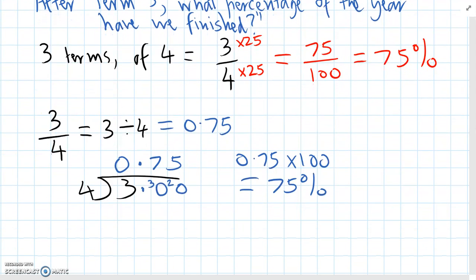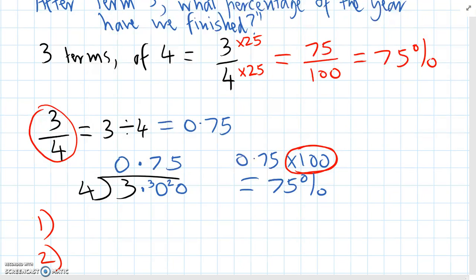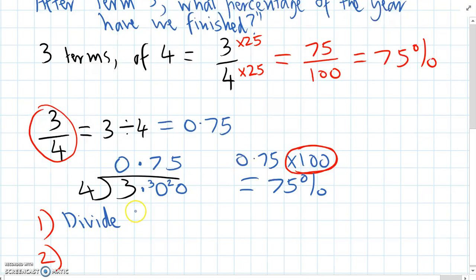So what we did overall here was we did 3 divided by 4, and then after that we multiplied by 100. So we really just did 2 steps. We divided the part by the whole. 3 terms was the part, 3 parts, by the whole, which was the whole year.